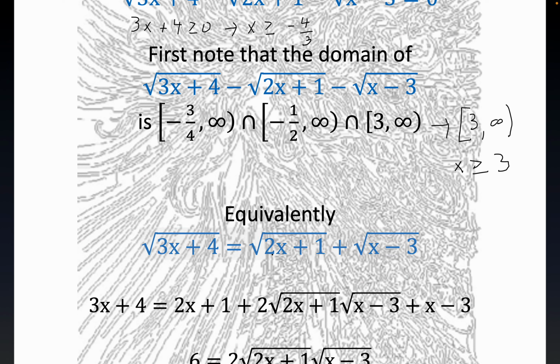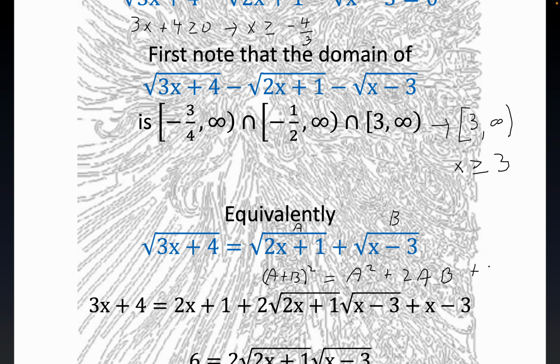If you think of this part right here as A and B, this is just the well-known algebraic identity, A plus B quantity squared is equal to A squared plus 2AB plus B squared.